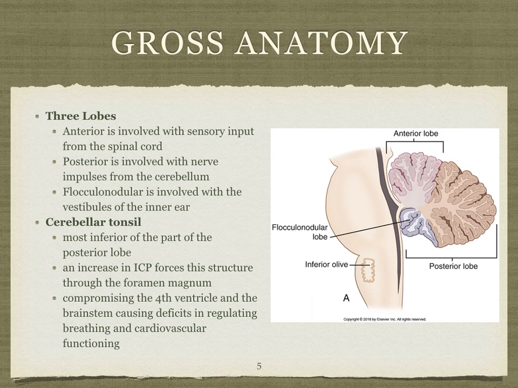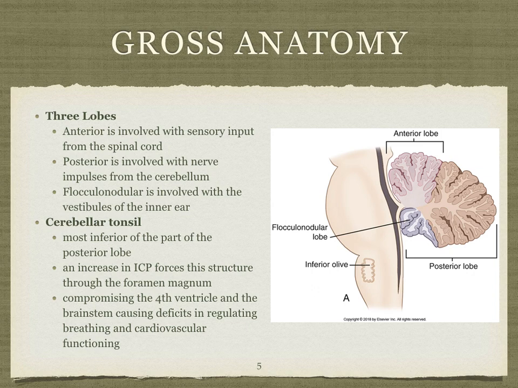One little thing, this cerebellar tonsil. I put this in here because I think it's an important clinical relevance. I didn't really know about this, and I had a patient in particular who had something similar.